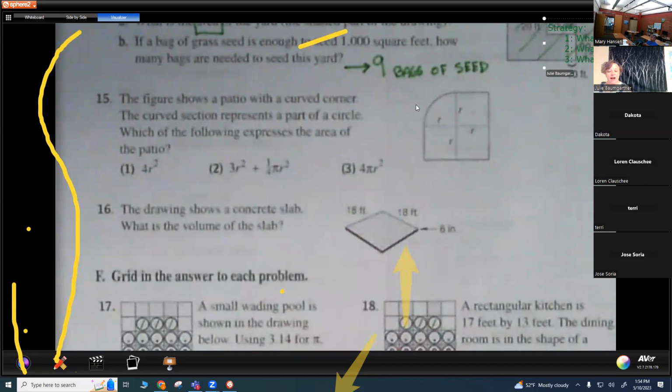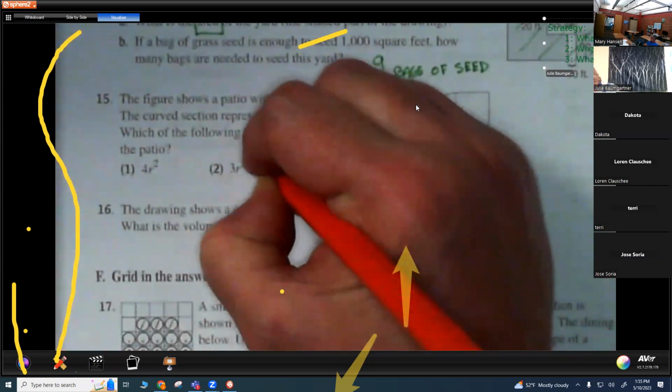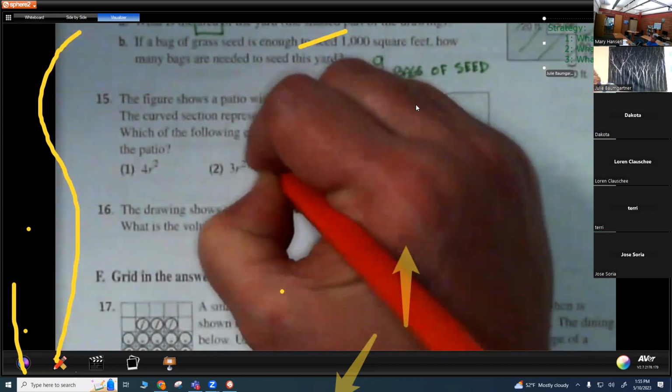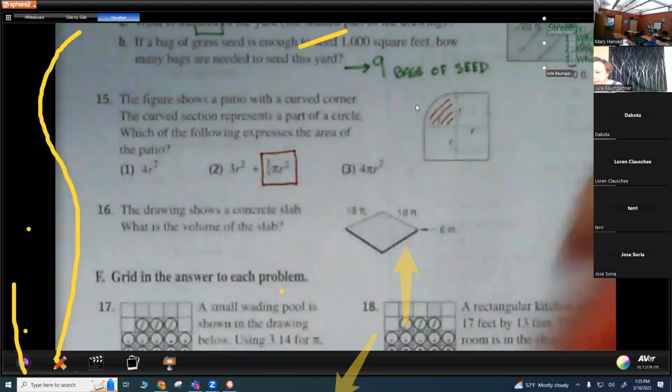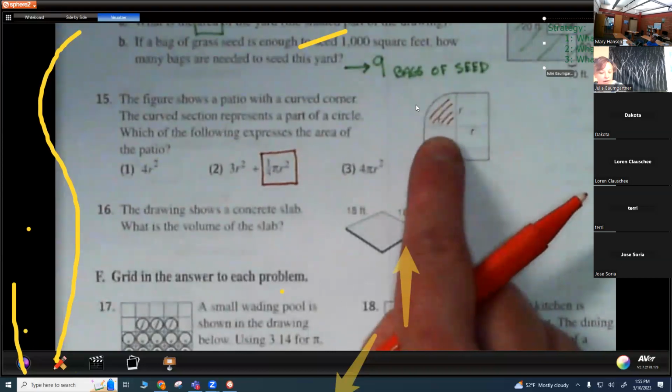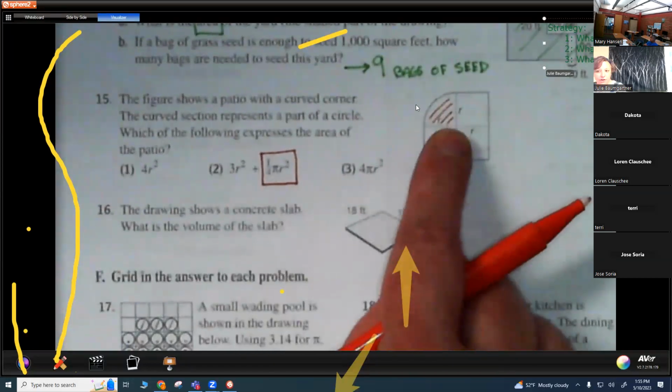Number 2? How are you getting number 2, Leonard? Formula for the quarter piece of the. Good. So this chunk of our expression, hopefully you guys recognize, is 1/4 of a circle.